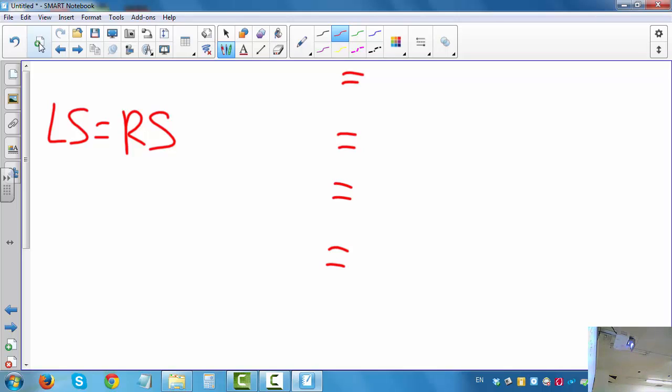An equation has 2 sides, a left side and a right side. On the left side, if you have a plus sign or negative sign, it goes to the other side as a negative sign and positive sign. So you're just going to change the sign if you see the positive sign, unless it's a multiplication.